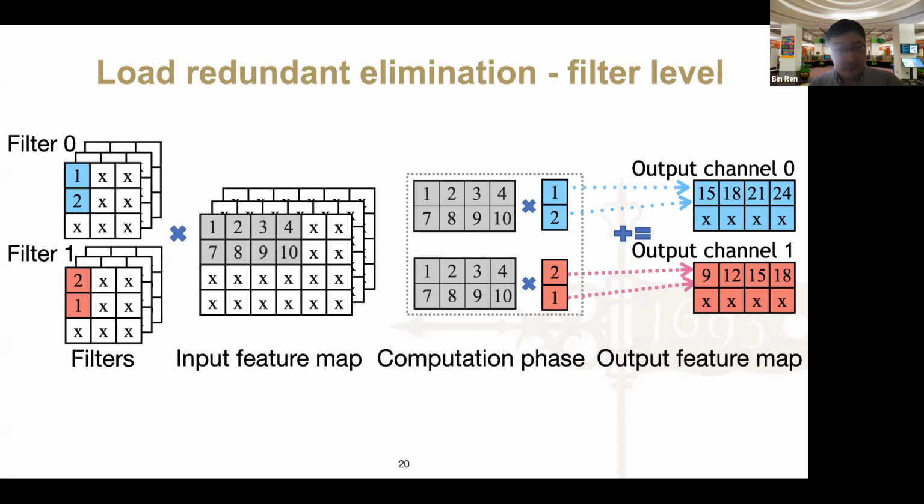Another important point is that we are working on a static model, so the model structure is known in advance. So we can generate the code for each kernel to explore such load redundancy elimination opportunities. This is the basic idea of load redundancy elimination.